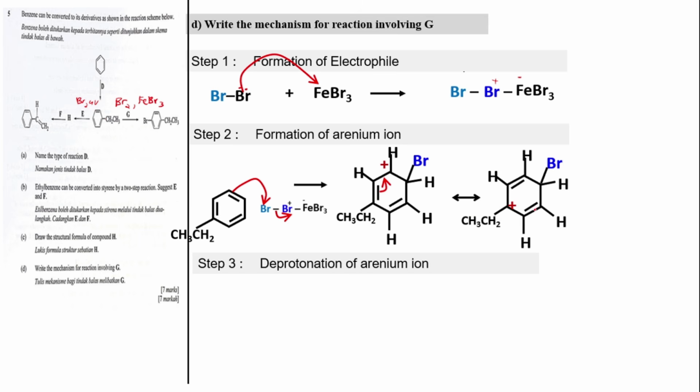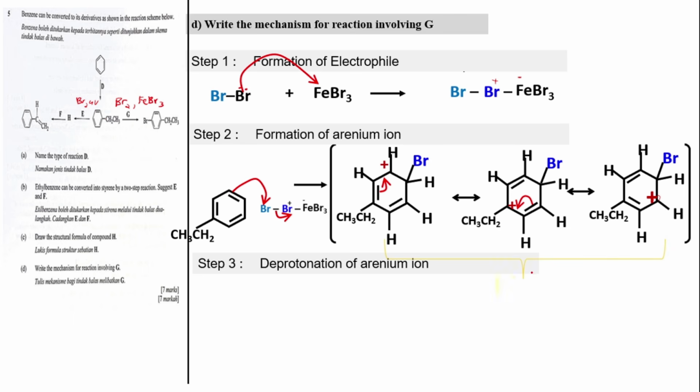And at the same time, this electron can also be moved inside here, so it's going to make the positive charge be at this corner. As you can see here, the electron will be delocalized. All of these show that there is a formation of the arenium ion. Okay, so the arenium ion has been produced.